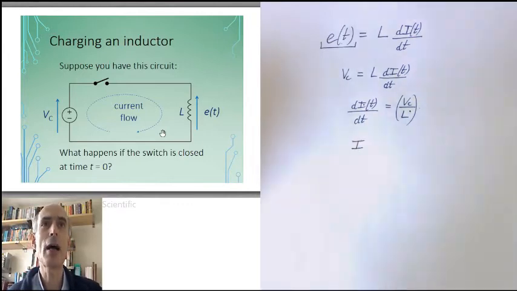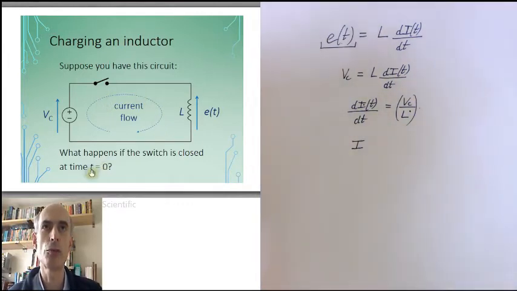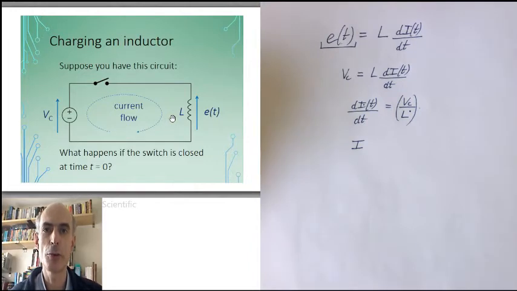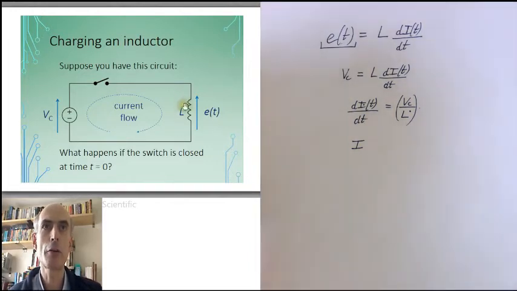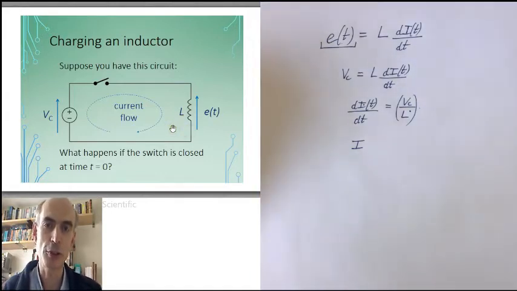The current at time t equals 0, when the switch is closed, is 0. We know that because you cannot suddenly change the current through an inductor. The current through the inductor before the switch was closed was 0. There was no circuit. No current could flow. Therefore, the current through the inductor just after the switch is closed must be 0 as well.